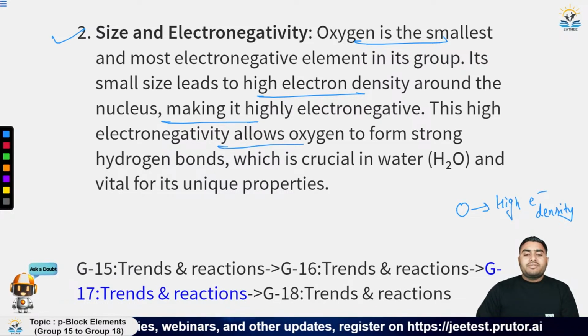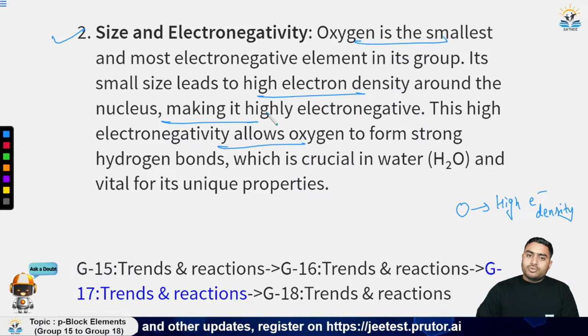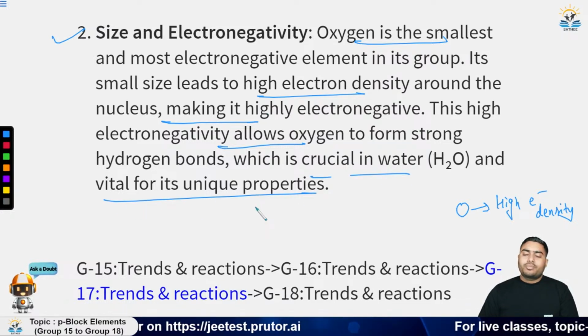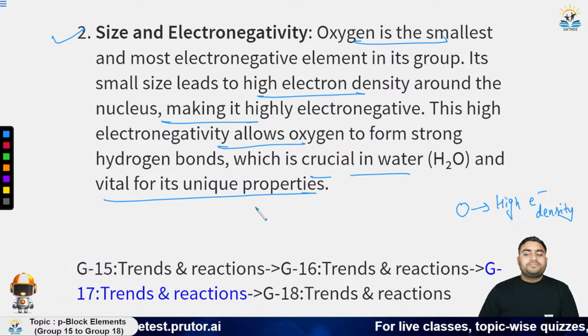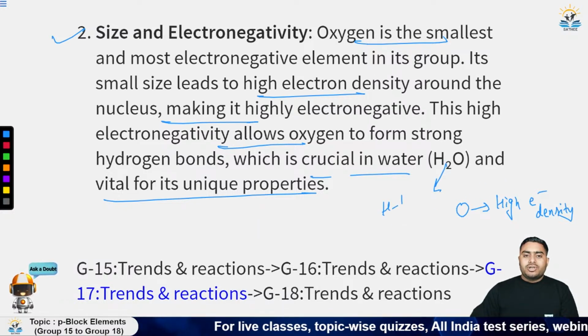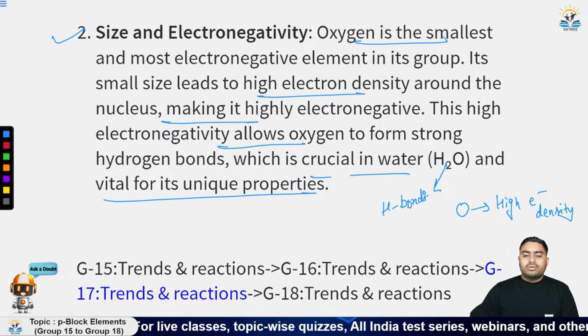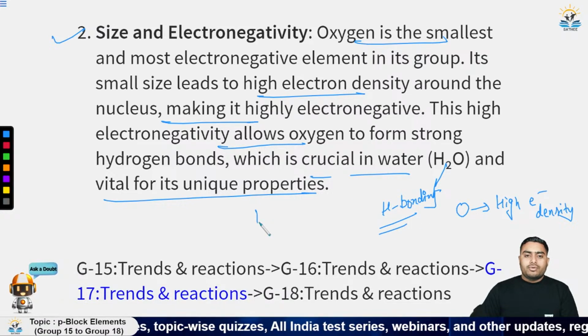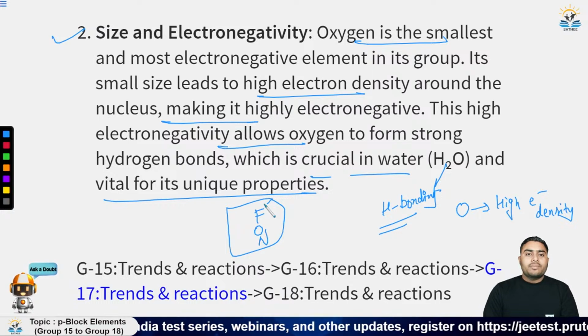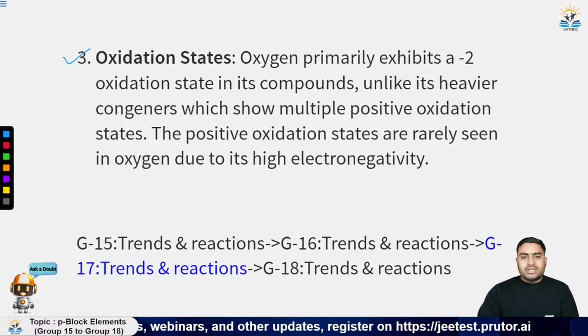This high electronegativity allows oxygen to form strong hydrogen bonds, which is crucial in water and vital for its unique properties. In water, hydrogen bonding is there. Hydrogen bonds can be formed by fluorine, oxygen and nitrogen, the most electronegative elements.